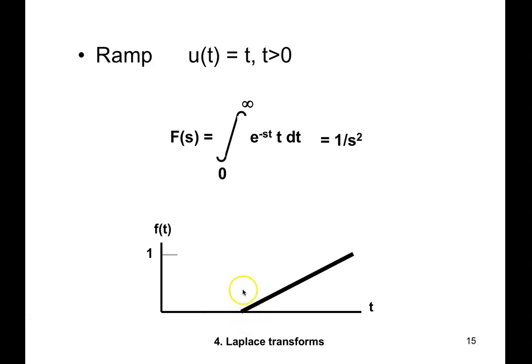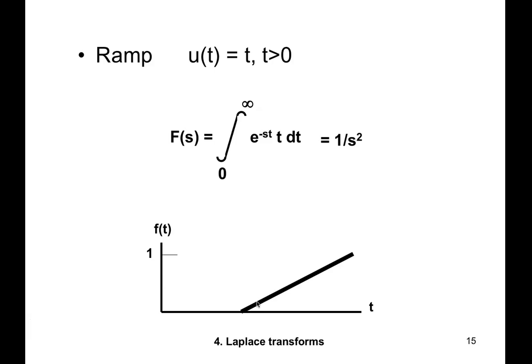So time 0 is our reference. The Laplace transform of a ramp signal is 1 over s squared. In the time domain it is t, which means the signal goes up with time. In the frequency domain, the same signal is 1 over s squared.